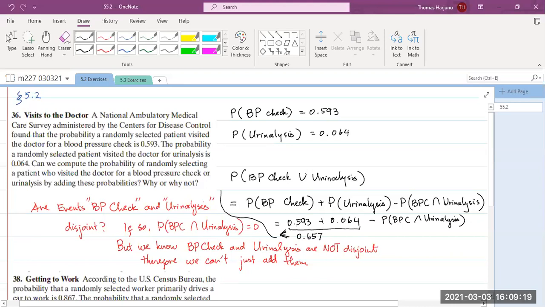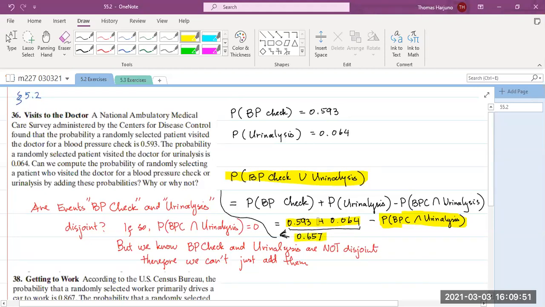It is not. But we know it must be less than that because we know that these two events, BP check and urinalysis, are not disjoint. Therefore, this is not an empty set, and the probability will not be 0. The probability of the union will be 0.657 minus some positive number, right? Therefore, it must be less than 0.657.